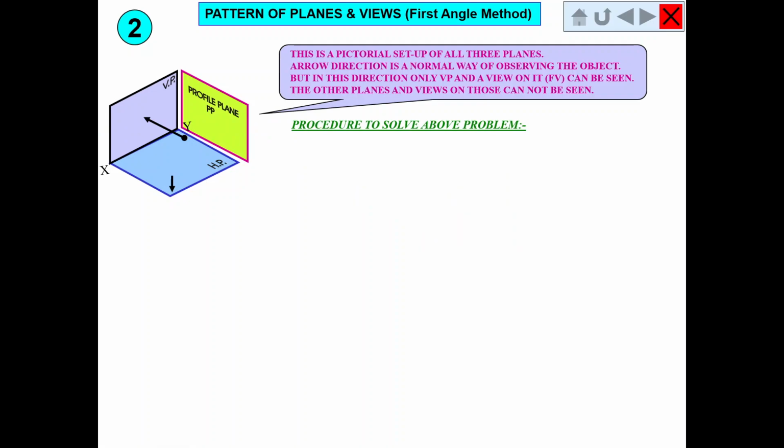So how to solve this problem? As you are sitting over the horizontal plane and you are observing from this direction, you can see only the front view here, but in this direction only vertical plane and a view on it, that is front view, can be seen. The other planes or the view over the profile plane, view over the horizontal plane cannot be seen because you are observing from this direction.